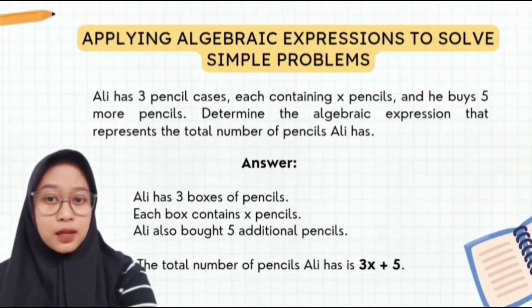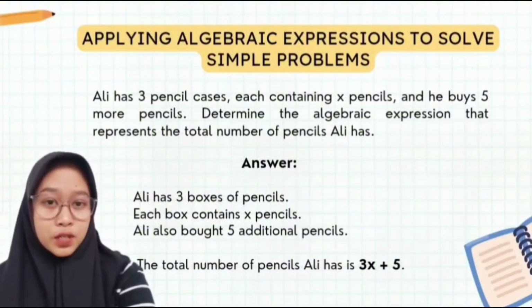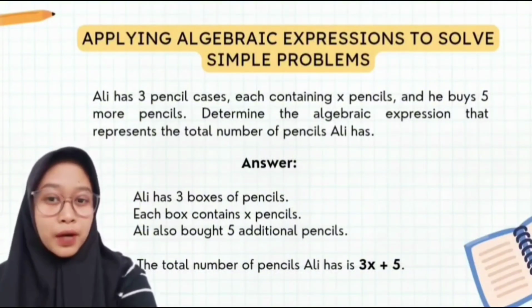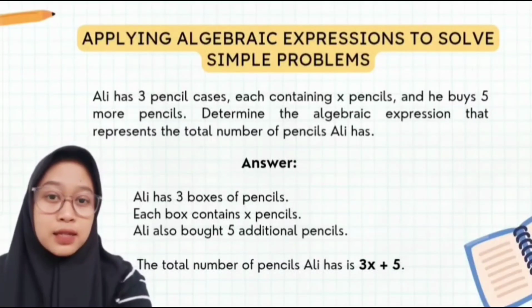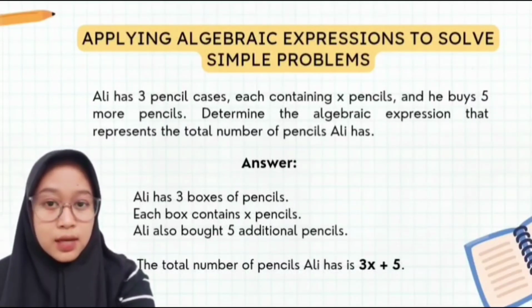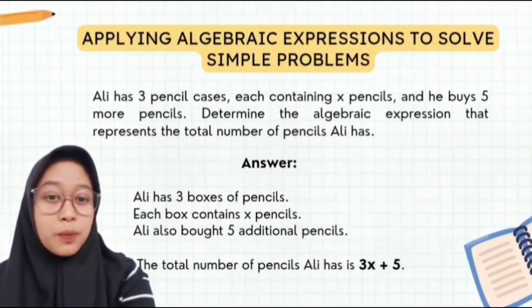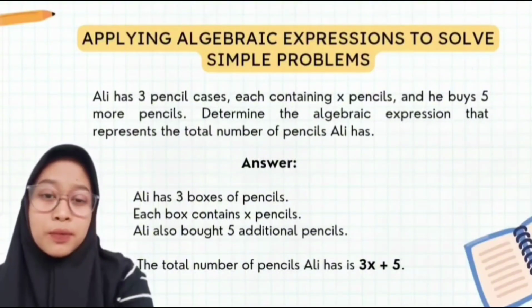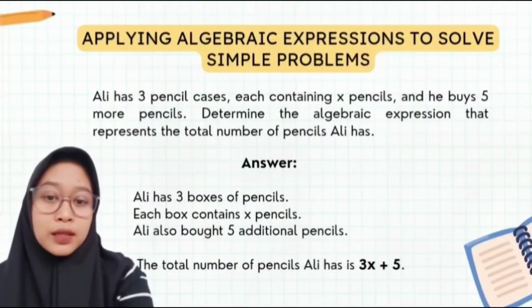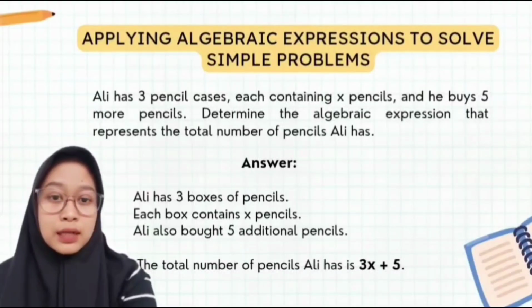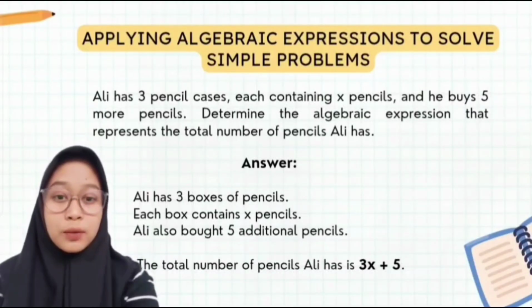Okay, last is applying algebra expressions to solve simple problems. Number 1, Ali has 3 pencil cases, each containing x pencils, and he buys 5 more pencils. Determine the algebra expression that represents the total number of pencils Ali has.